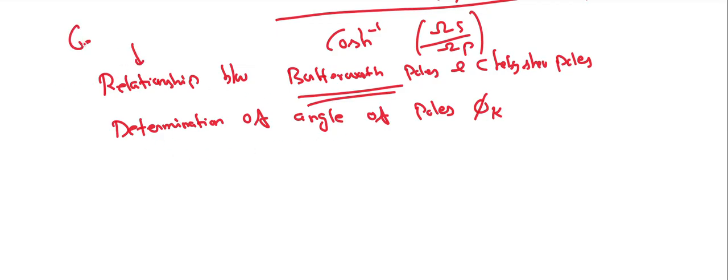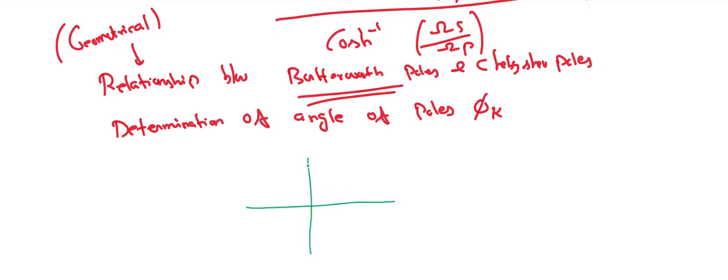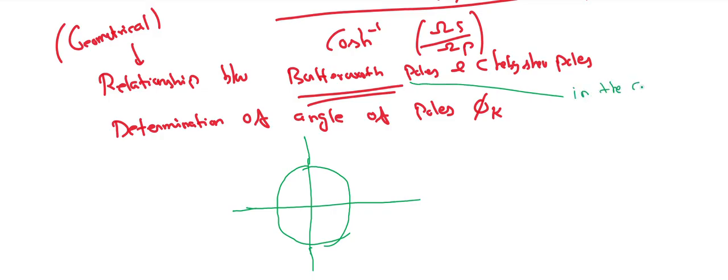The Butterworth poles are located in a circle.